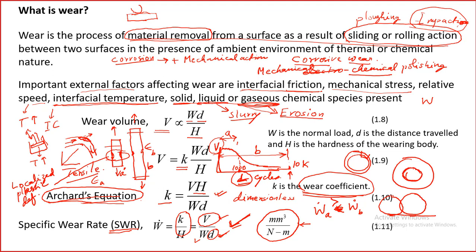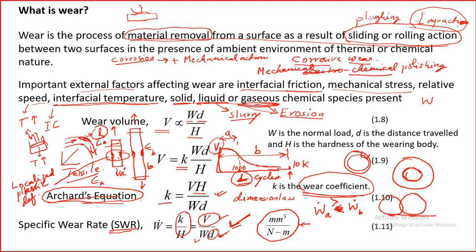That means the rest of the material is not deforming, only plastic deformation is happening at this point. Therefore, the change in the length divided by the original length is the strain. The change in the length is almost the same here as well as here once the plastic deformation and necking have started. This remains the same, but the initial lengths are different.